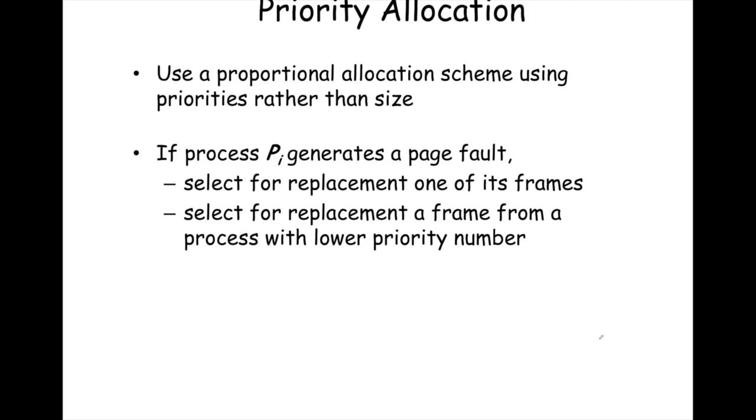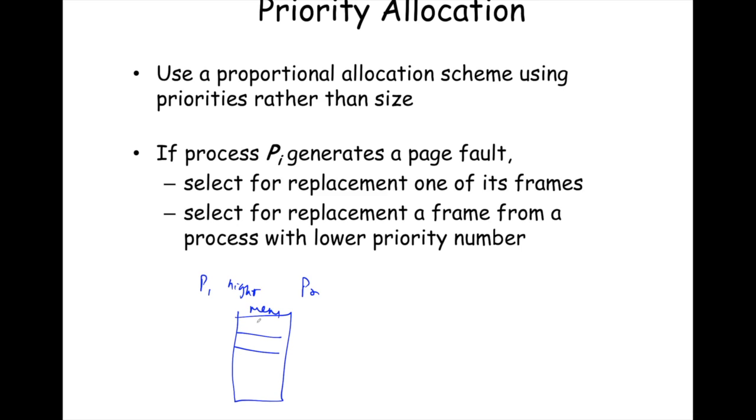And so if process p_i generates a page fault in this approach, you select for page replacement one of its frames, and you're going to replace a frame from a process that has a lower priority number. And so in this particular case, let's assume process P1 had a higher priority than process P2, and process P1 in main memory, say, had a couple frames here.